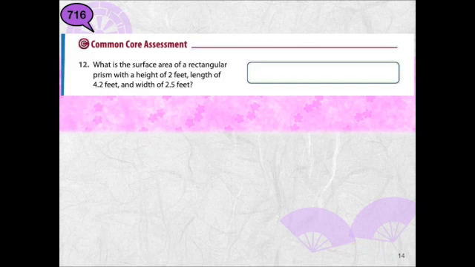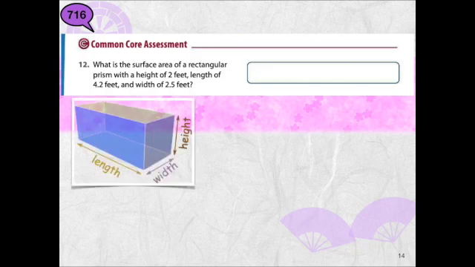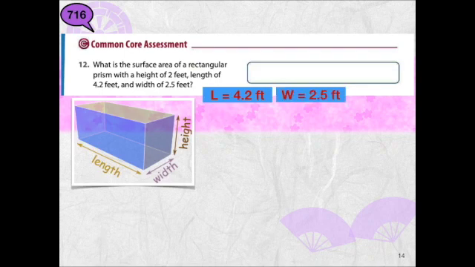So the figure that we are asked to find its surface area is a rectangular prism, given the length, the width, and the height. So the length is 4.2 feet, the width is 2.5 feet, and the height is 2 feet. So how are we going to find the surface area given only this figure?